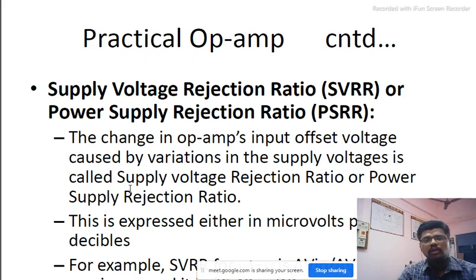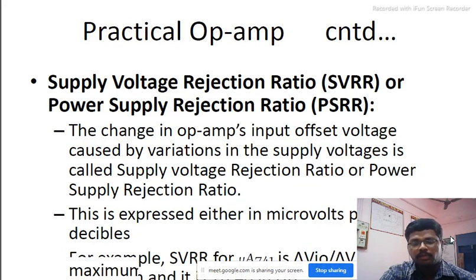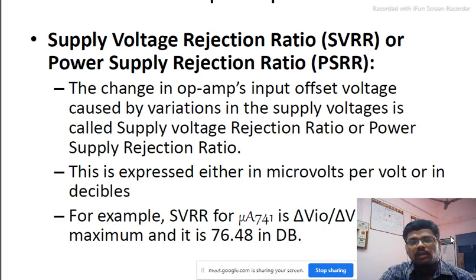Automatically there is a variation in the potential difference between the two input terminals. That may be treated as the supply voltage rejection ratio or power supply rejection ratio, whatever it may be. This is expressed either in microvolts per volt or in decibels.